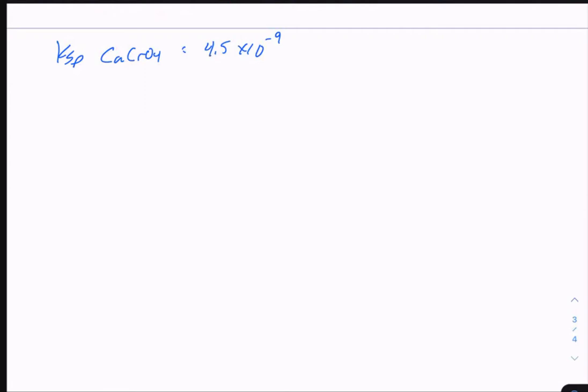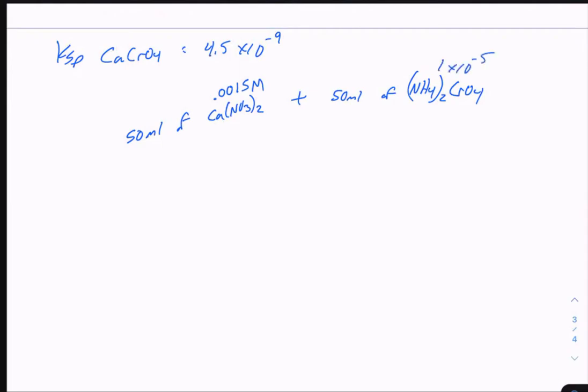We have 50 milliliters of calcium nitrate, molarity of which is 0.0015, added to 50 milliliters of ammonium chromate solution, concentration of which is 1 times 10 to the negative 5th. Figure out if it's going to precipitate.